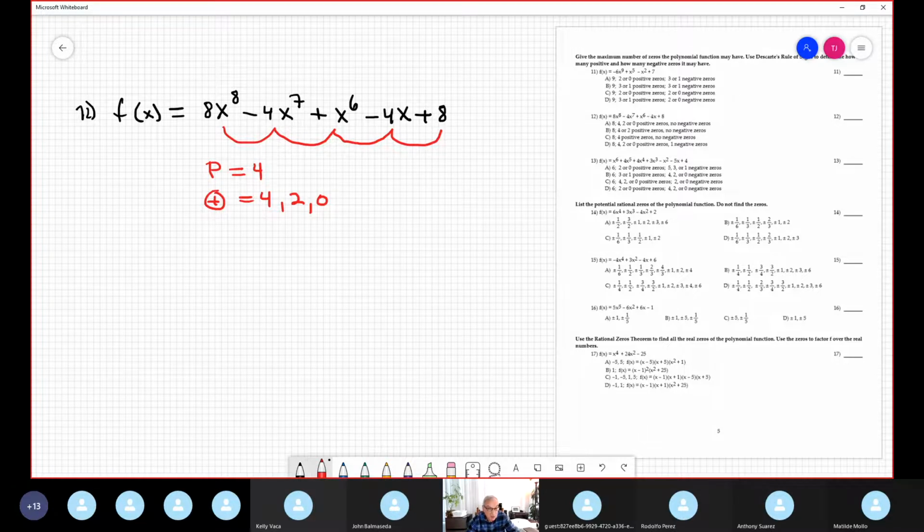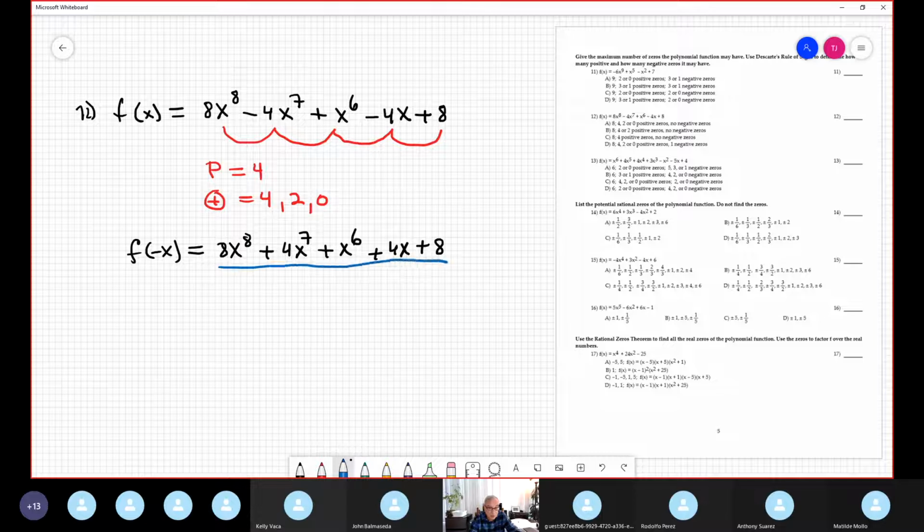Likewise, to analyze the number of real negative roots, you make a reflection. And the reflection is that the even exponent stays the same, doesn't change. However, the odd exponent changes the sign. It is 8x to the 8th, minus 4x to the 7th becomes plus 4x to the 7th, x to the 6th stays the same, minus 4x changes to plus 4x, plus 8. You see that we have no change of sign because everything is positive.